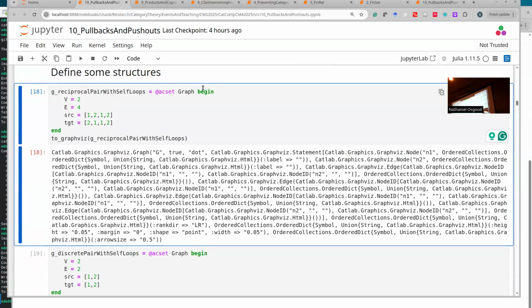The idea with a pullback square is we're going to have here A, which might be our graph, B might be another graph, and we're going to have an object C here.